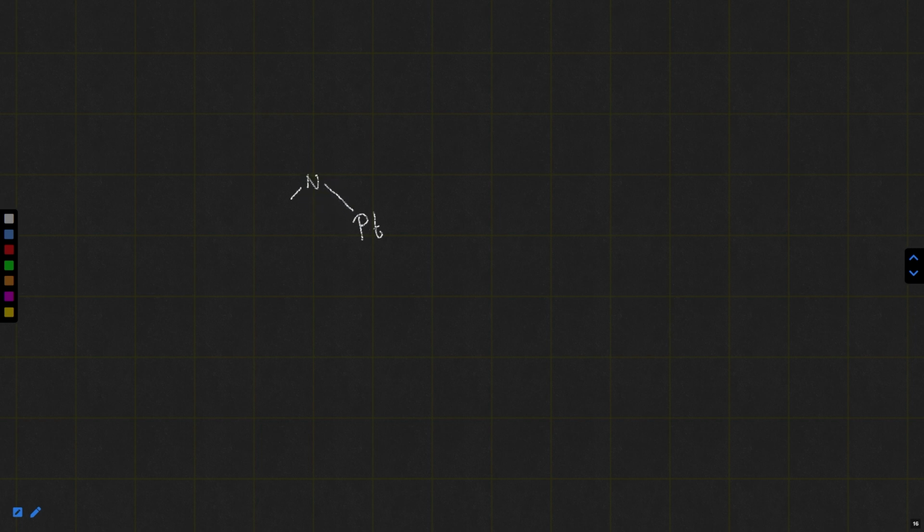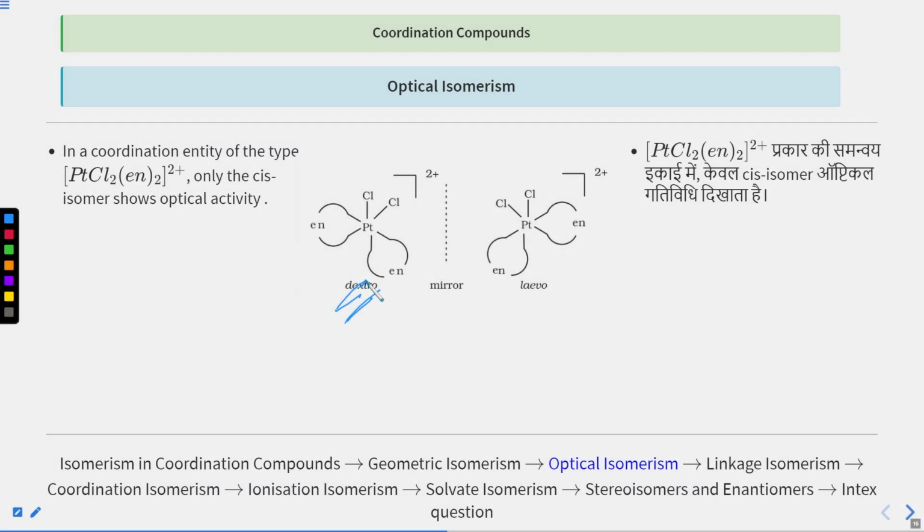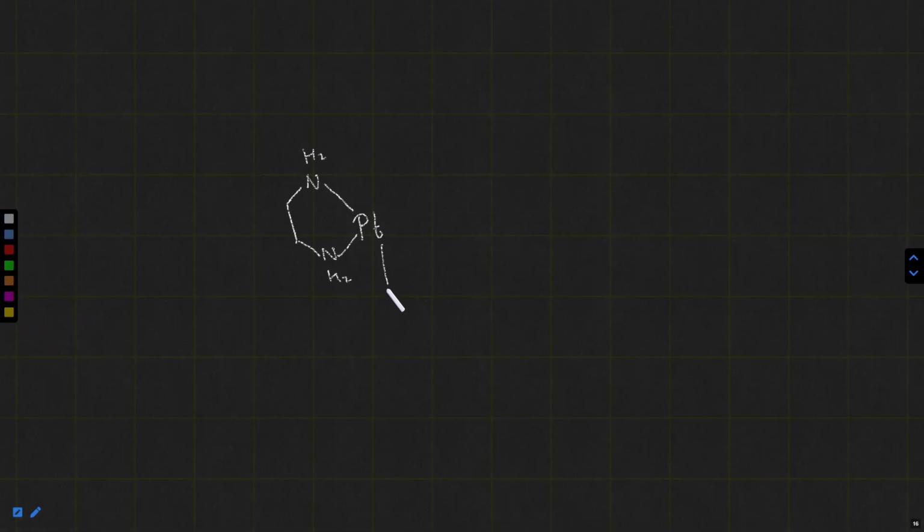We have NH2, two CH2s, and this is on the same adjacent side. It is NH2, CH2, and we have Cl here.